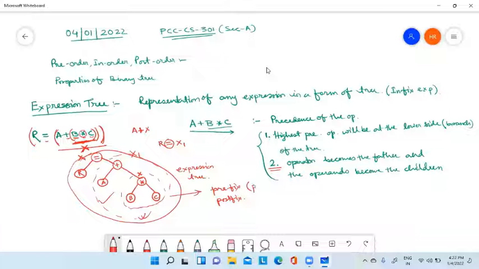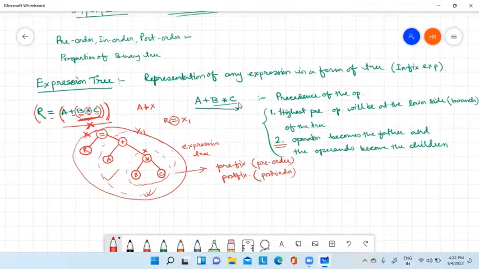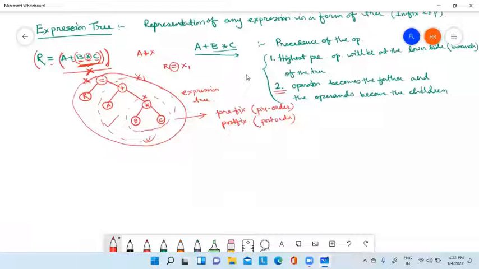For prefix we will do the pre-order traversal and for postfix we will do the post-order traversal. Now please tell me what is the postfix and prefix for this particular expression. Please, anyone, prefix.